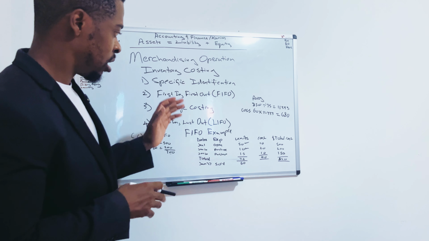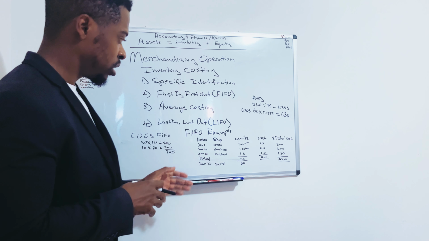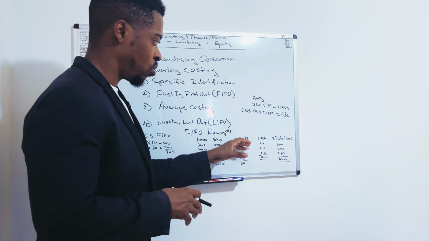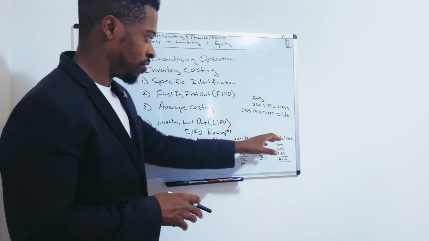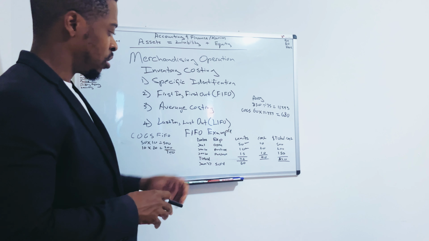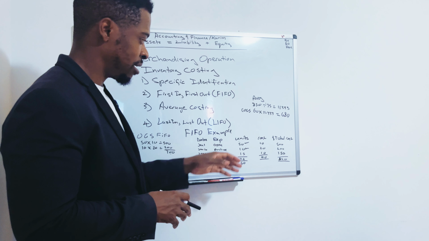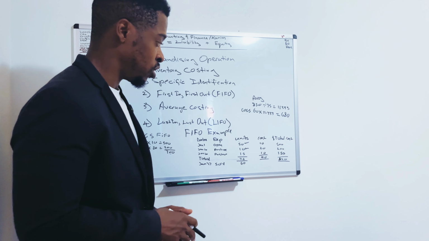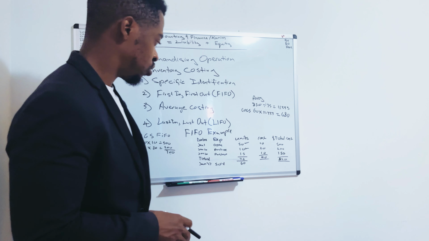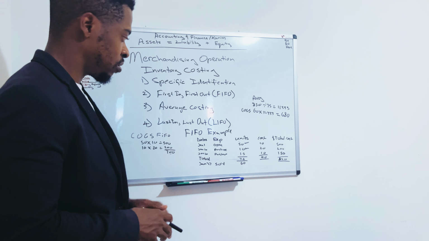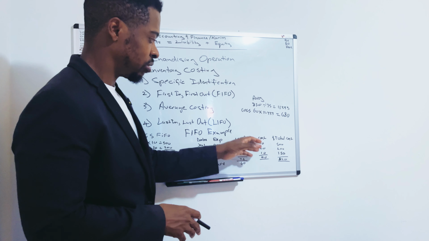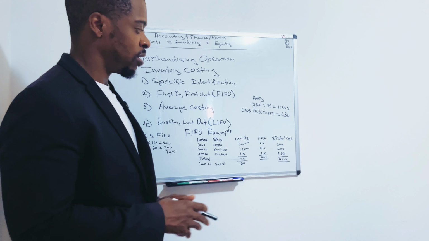So on January 1st, opening inventory, we have 50 units at $10 per unit. That's 500 in total. January 10th, we purchased 10 additional units at $20 per unit. That's 200 in total. January 20th, purchased 15 units, $10 per unit, 150 in total.